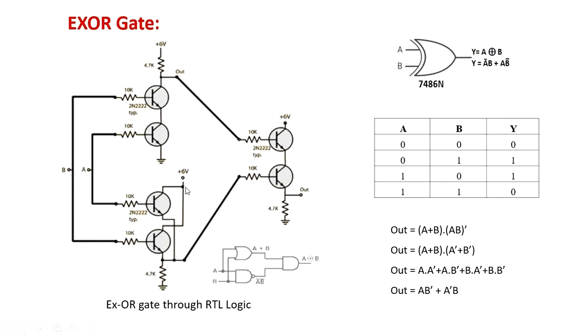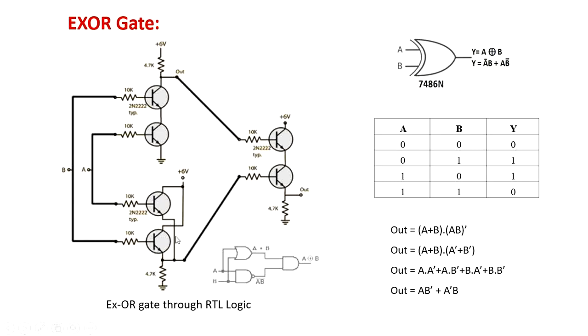So whenever you give input +5 to any one of these, that transistor will conduct and this out will become high. Suppose you take A equals 1, so this will be conducting, and B equals 0, so this will not be conducting.